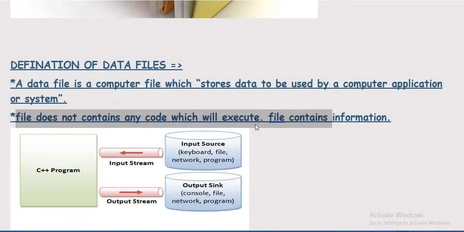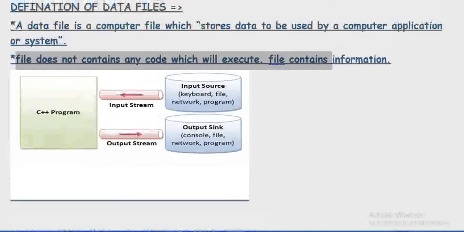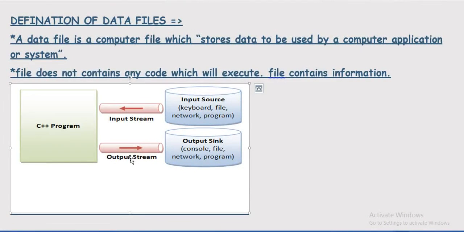Okay, so here is one figure which will clear the concept of data files. So this is our figure, and let us suppose any C++ program which is using data files. The program may or may not use a data file for input or output, but if the program is getting inputs from files, then it will use input streams.